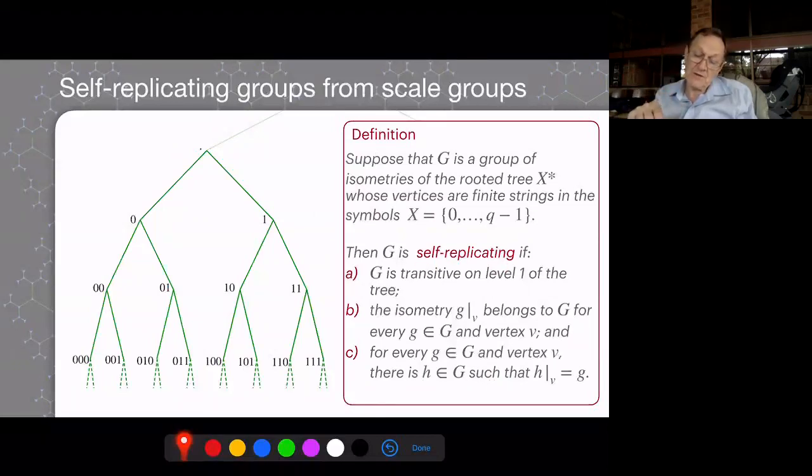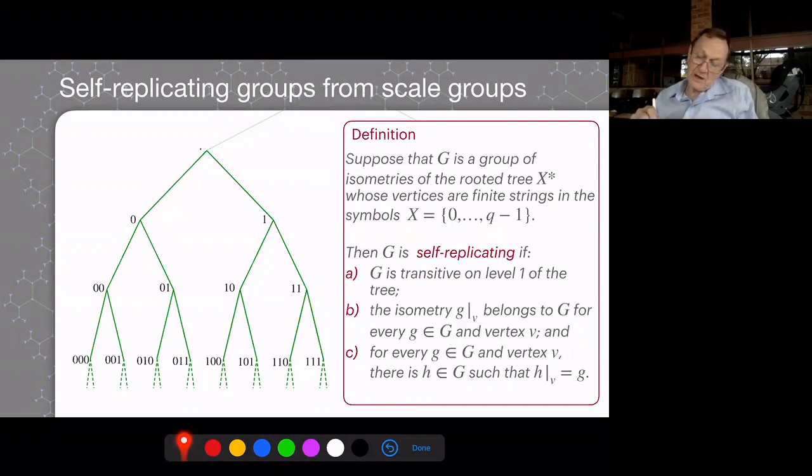So we suppose we have some group of isometries of a rooted tree with the vertices labeled by strings in some Q symbols. Then G is a self-replicating group if it's transitive on level 1 of the tree.